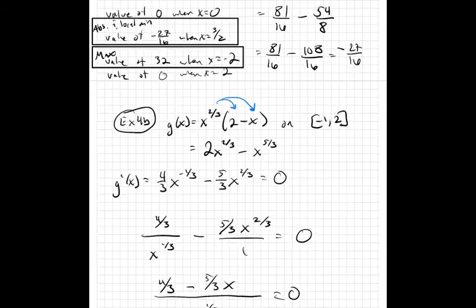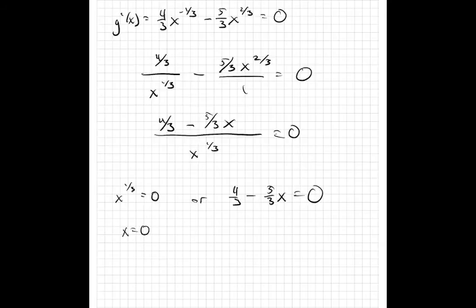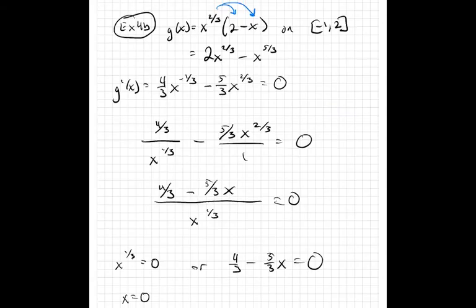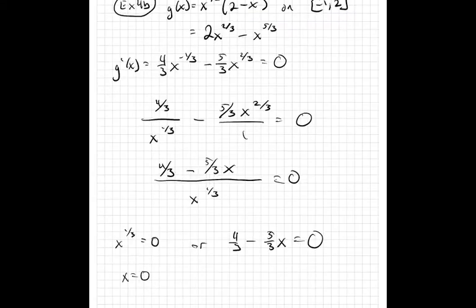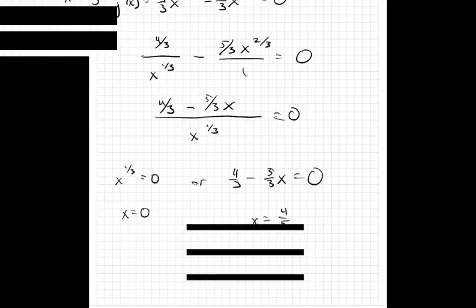We're going to let that be, but that's going to be a critical value because it's going to make this thing undefined. And if we solve from here, we add and divide. The 4 is on top, right? So then x equals 4/5. Okay. So we want to test those along with the endpoints.